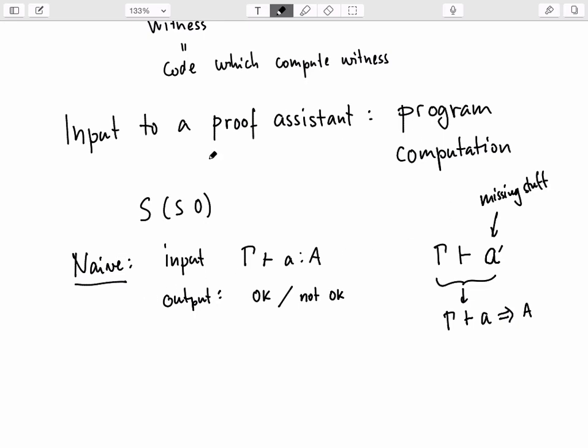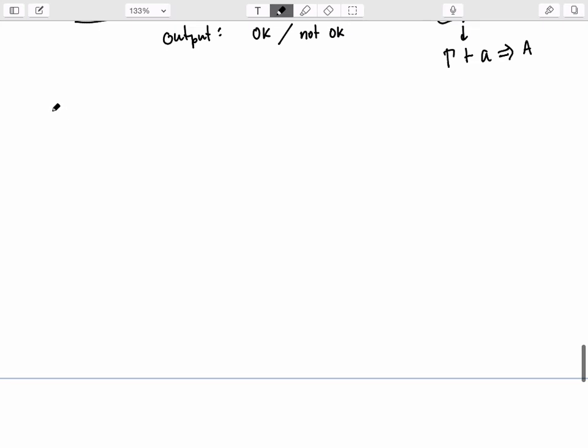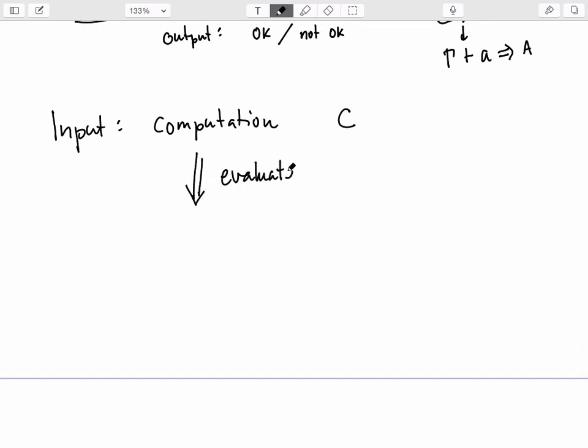Okay, so we're going to view things as programs or as computations, and then when you run them, they do something. So when you have an input that is a computation C, we need an evaluation strategy, and what you get out is a result, let me call it a value.